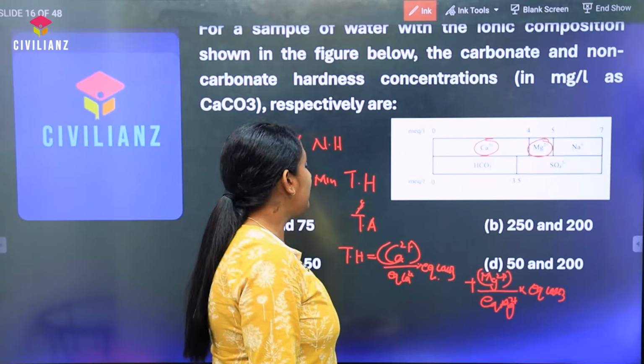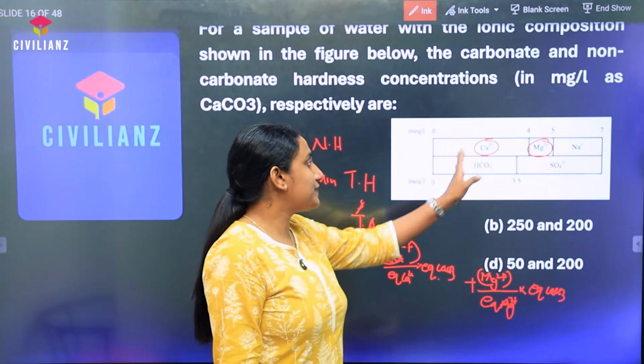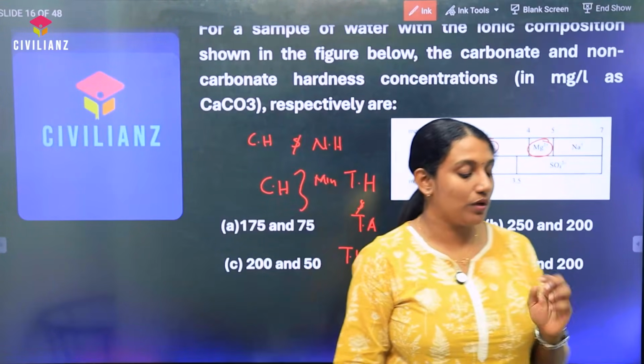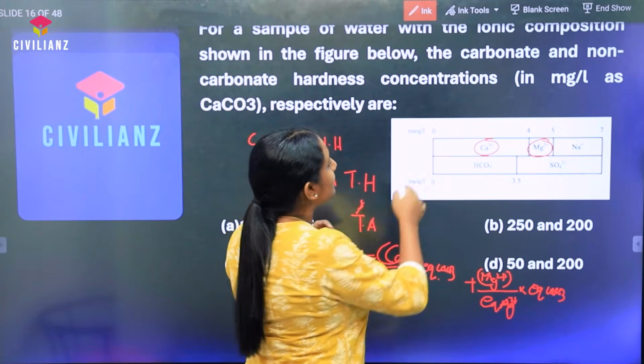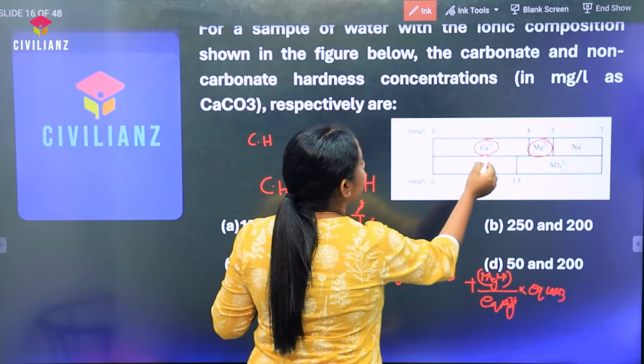Okay, and the Mg2+ value is already given in this figure, but you have to consider just the values of Ca2+.